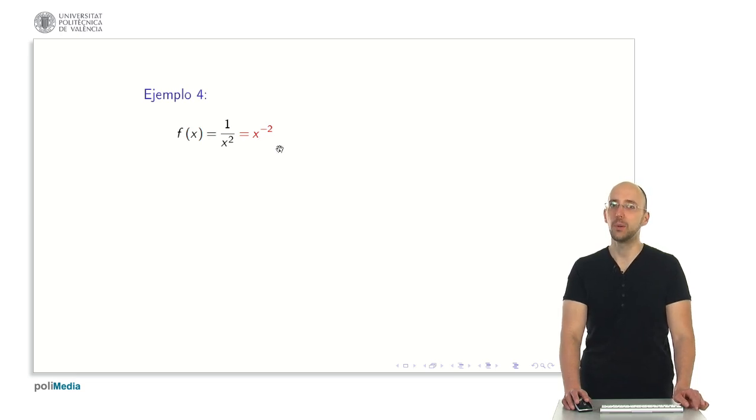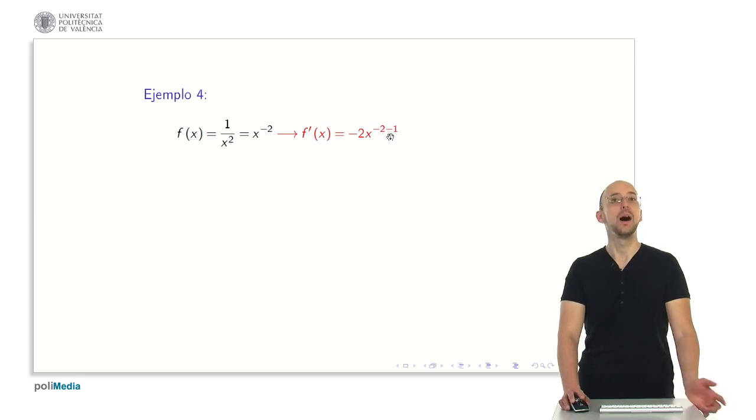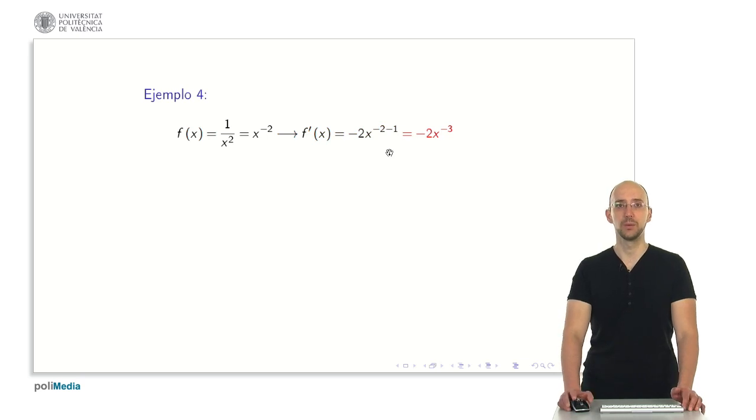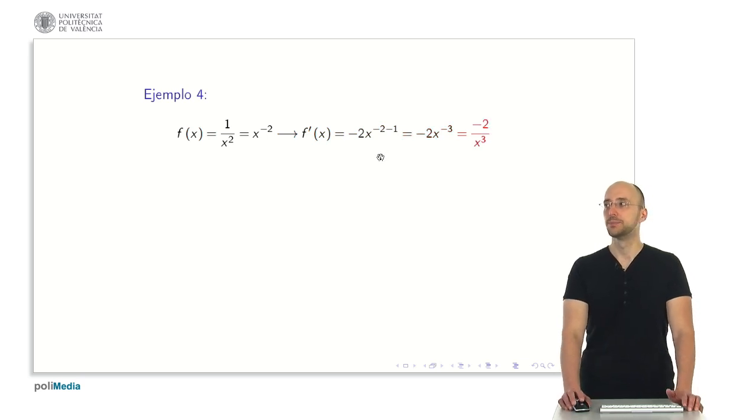Now I can apply the formula that appeared at the beginning. I can bring down the minus 2 in front and subtract 1 from the existing exponent. Observe, the minus 2 goes forward, and in the exponent I would have minus 2 minus 1. Now minus 2 minus 1 is minus 3, and it simplifies a bit. Here, I have rewritten it at the end as minus 2 over x raised to the power of 3 using the same note that I saw at the beginning.